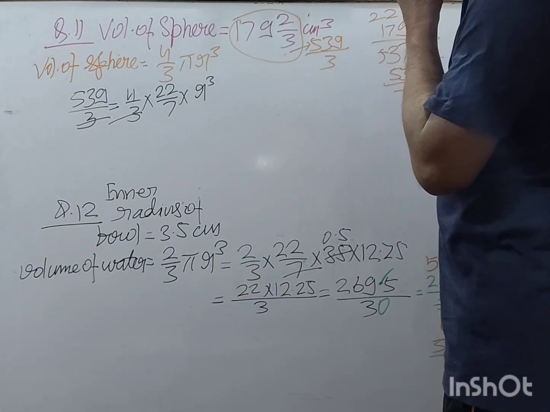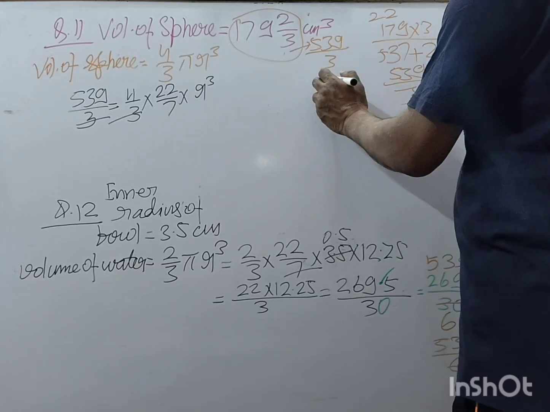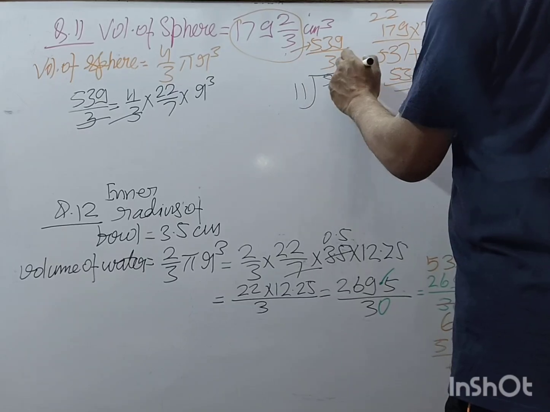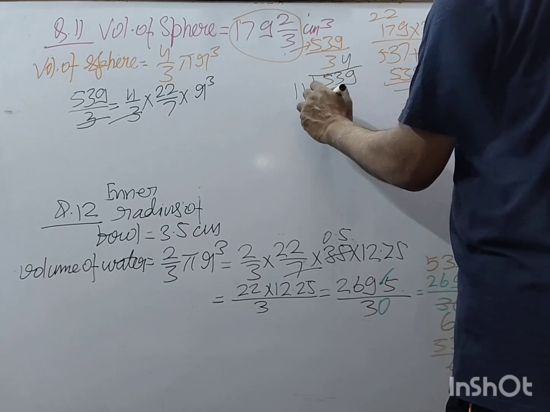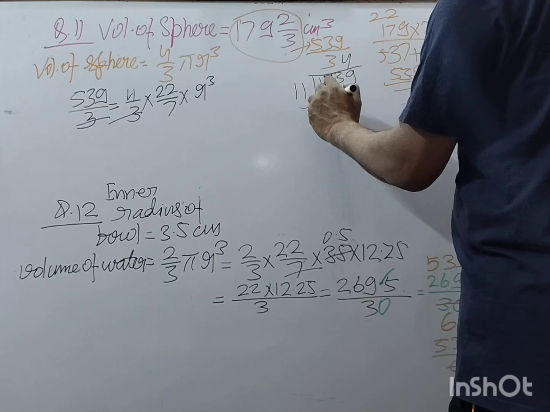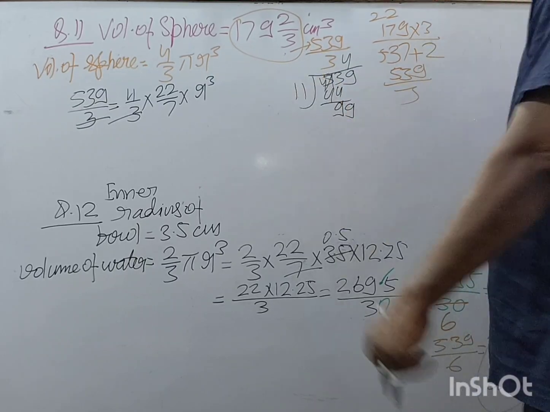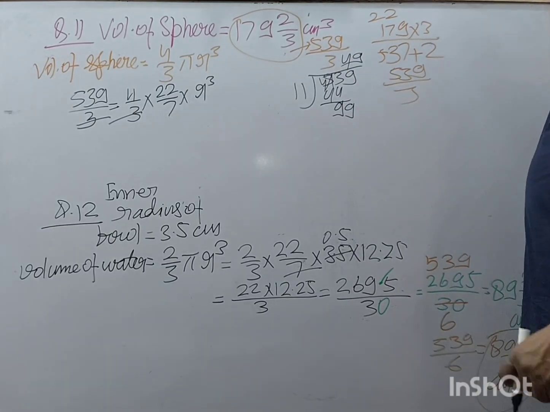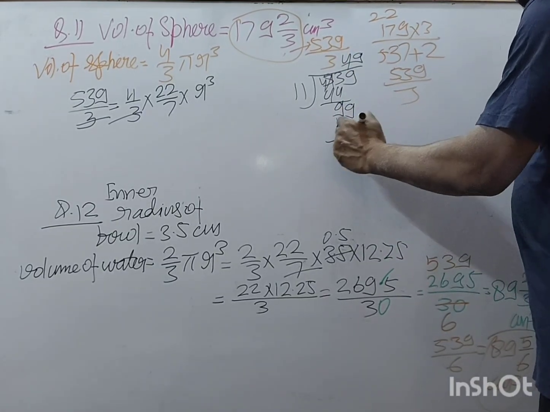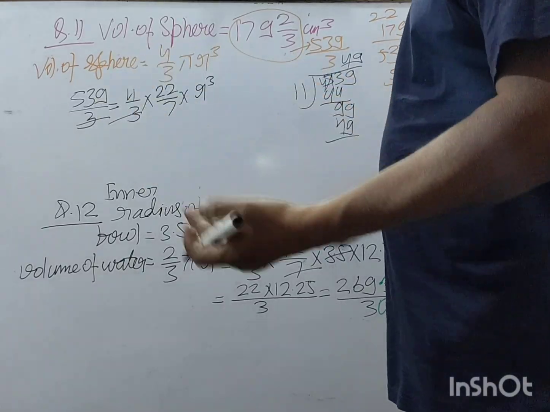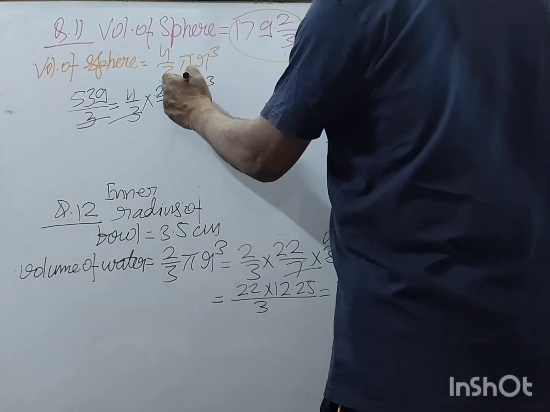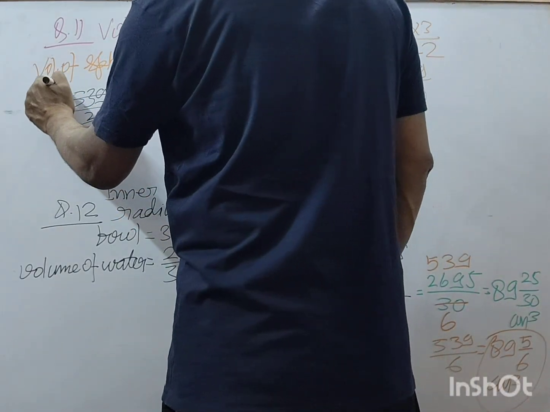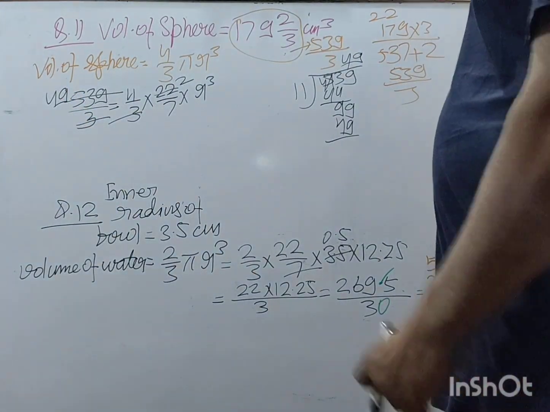And 539 divided by 11, 4 times 44, 9 and 9, right? 9 times 49. This is 2, this is 49. Fine. You get it?